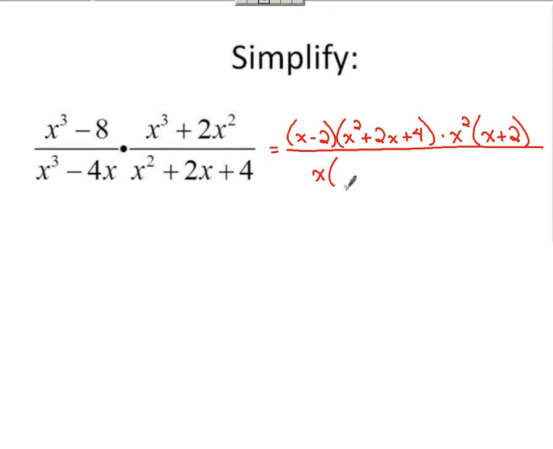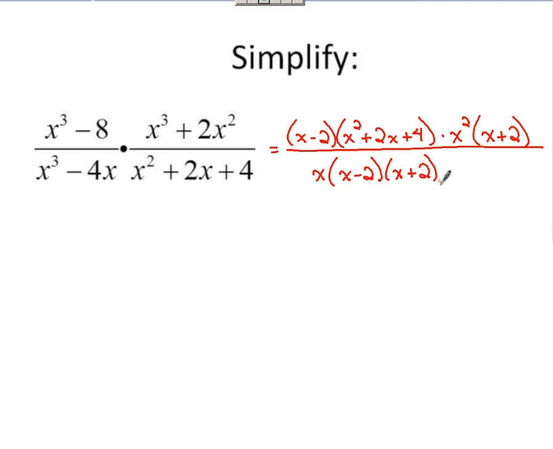Now that leaves me with, think about where you're going here, x squared minus 4, right? X squared minus 4 is a difference of 2 squares. So we could take care of all of that at one time: we took the greatest common factor out and factored the difference of 2 squares, all in one step.